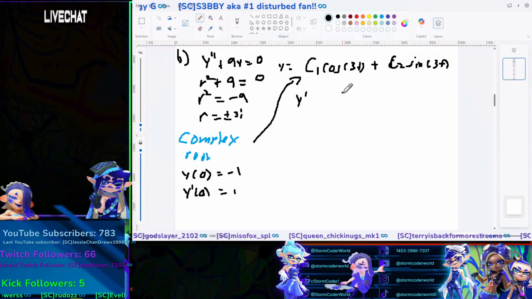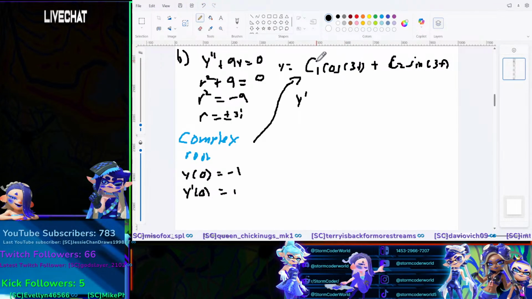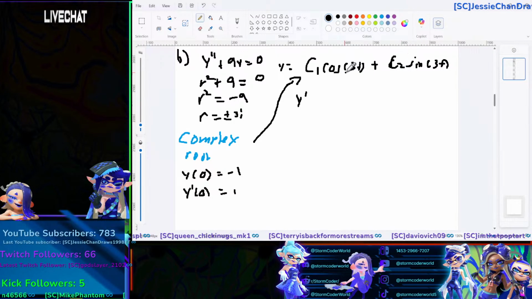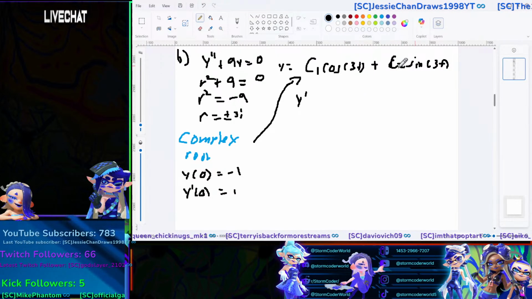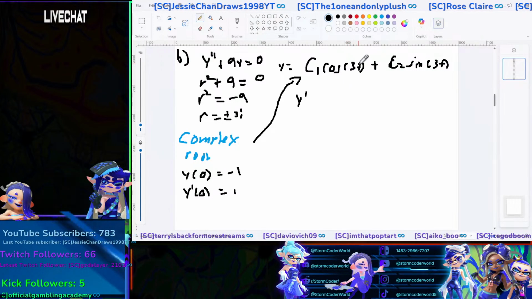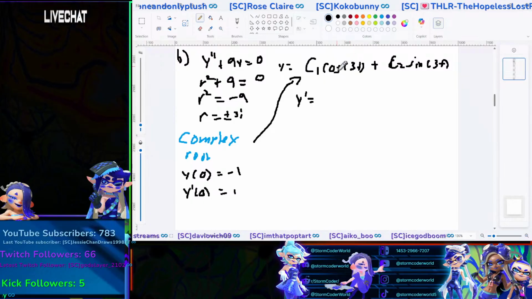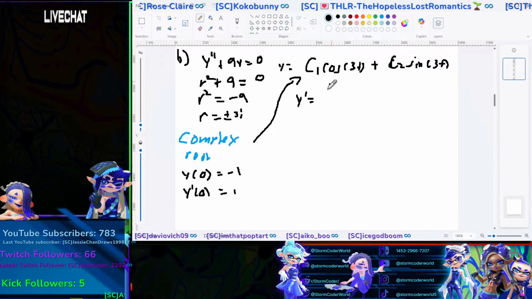In this case, judging by what I have here, the C1 and C2 I can ignore, but I cannot ignore what's in the parentheses of the trigonometric functions. So the derivative of cosine is negative sine, and then I bring this 3 to the front.